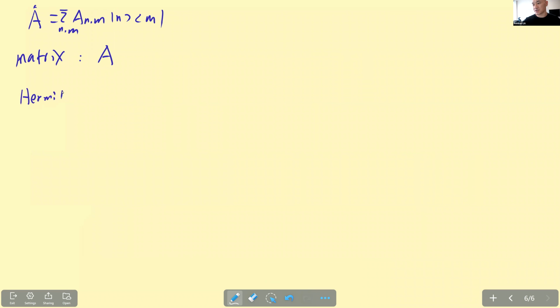Right, we know that for any operator, that can be written as A, M, M, and M, dimension of M and M, right? So the matrix is just A, okay? And we know that in matrix, we have something called an emission matrix.